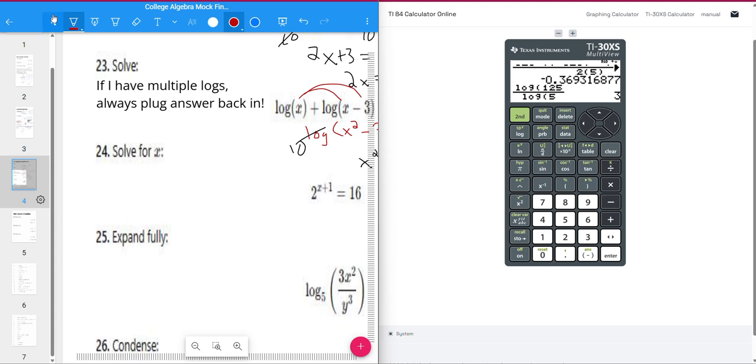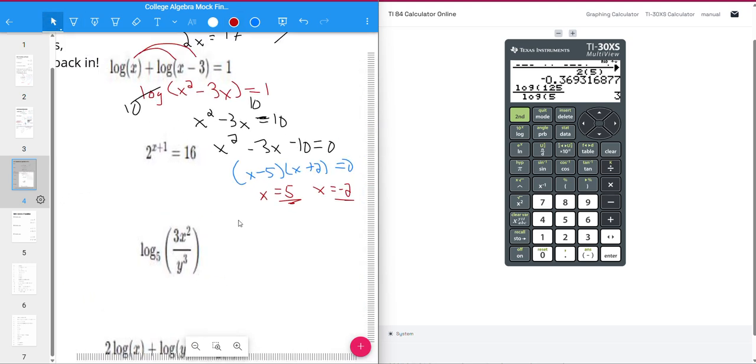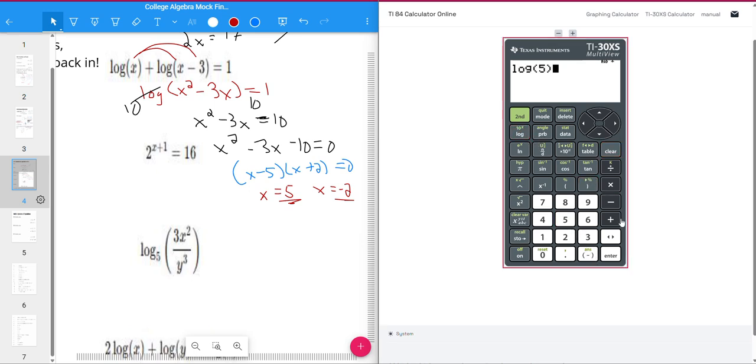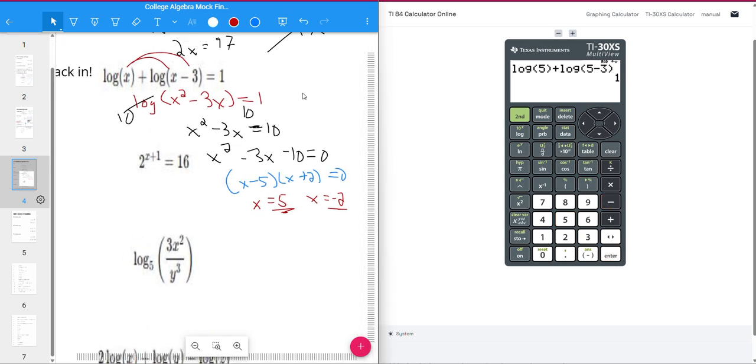Okay, let me see. So I'm plugging in log of 5 plus log of 5 minus 3, which gives me 1 like I expected. Good. So this guy works.